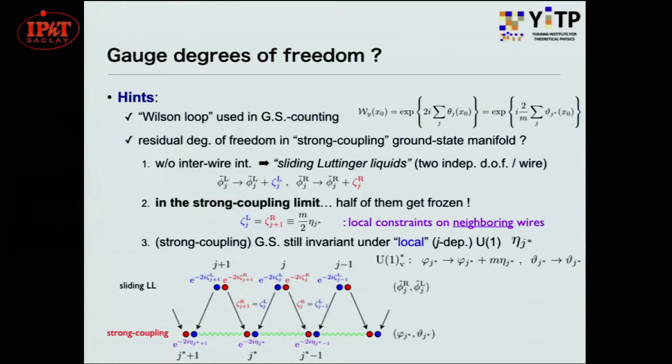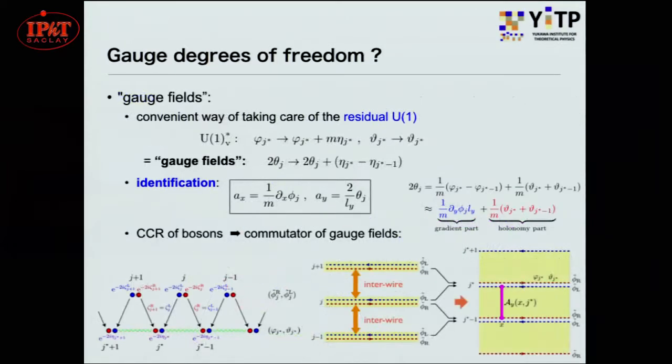Right. So if you plug in this transformation, you can see that phi transforms like a standard matter field, and theta is invariant as required. This immediately gives the identification of the bosonic fields with the gauge degrees of freedom. The x component of the Chern-Simons gauge field is identified with the derivative of phi, and the y component is identified with theta.